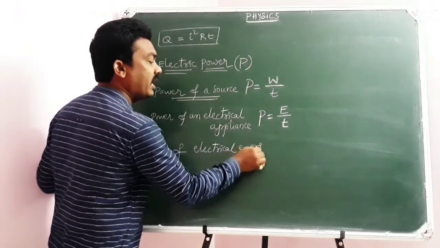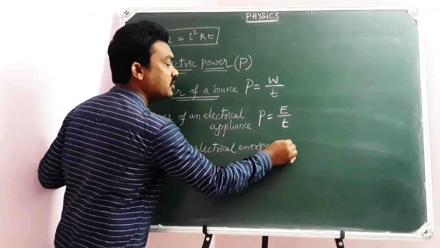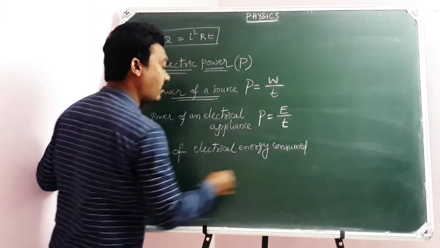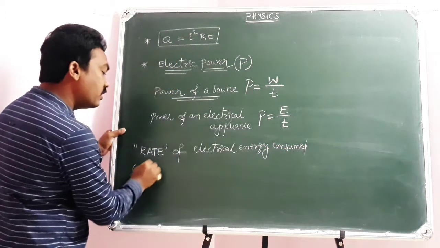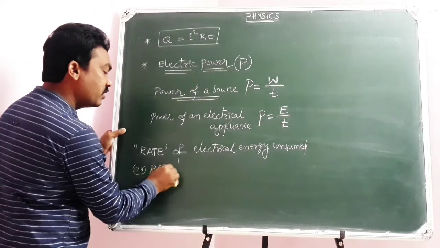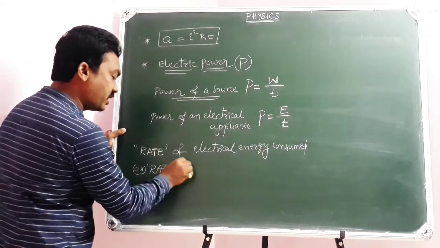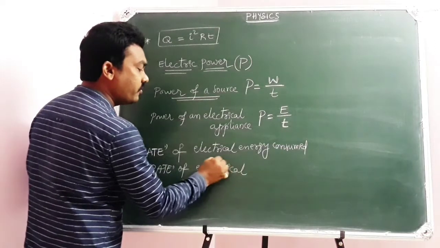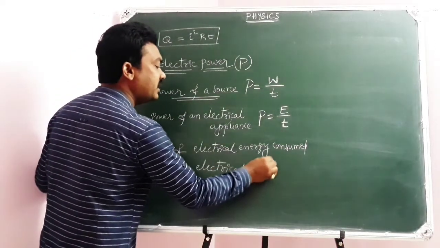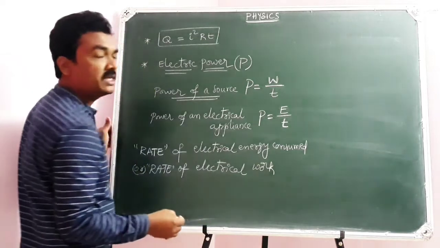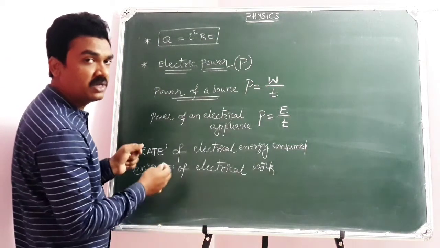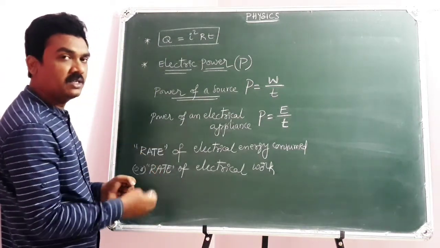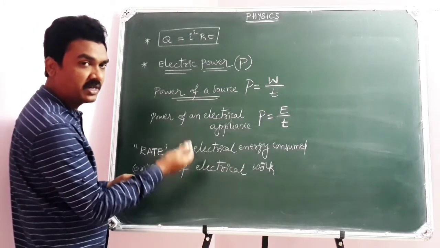It is the rate of electrical energy consumed or the rate of electrical work done, because the rate itself means per unit, but it is not per kg, it is not per volume, it is per unit time.